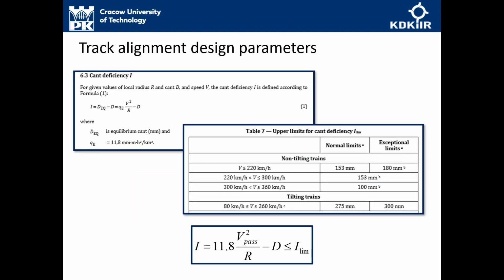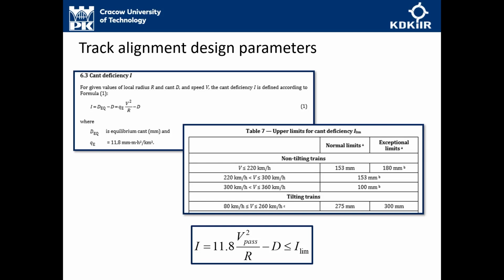If we have estimated the lower value of the radius, the minimum, and the upper value of the cant, then we have to start calculating the key operational parameter, which is the cant deficiency I. The cant deficiency I is defined by a specific equation.